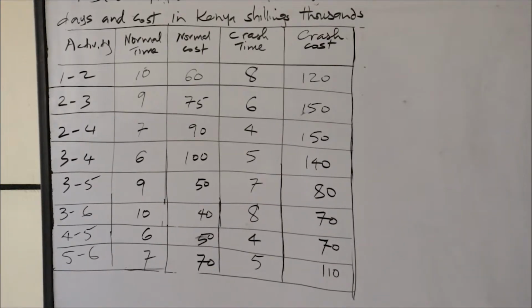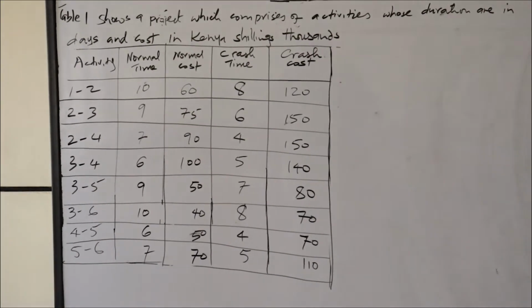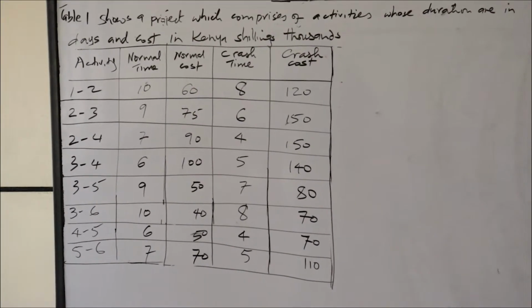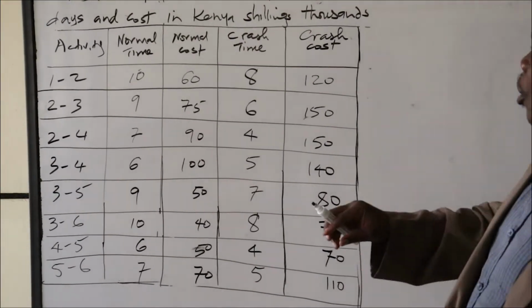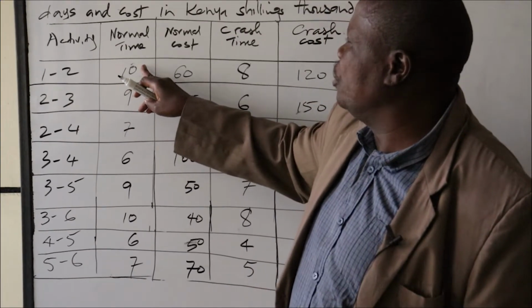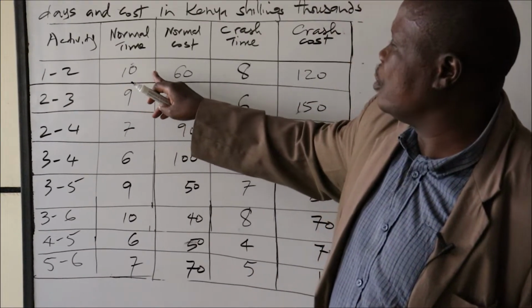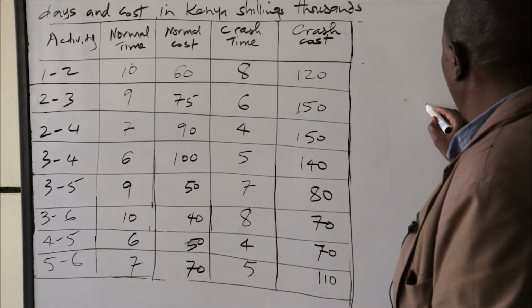Table 1 shows a project which comprises activities whose durations are in days and cost in Kenya shillings, thousands. So, activity 1 to 2, we are going to use the normal duration, the normal time, in the construction of the network. So, that is 1 to 2.